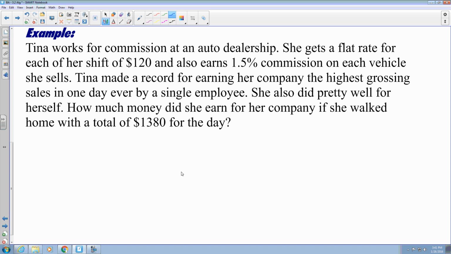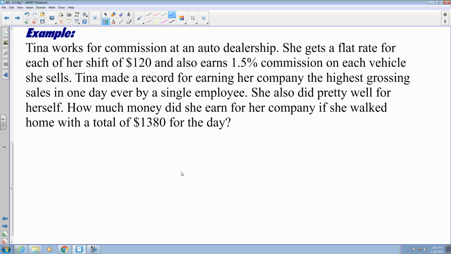Tina made a record for earning her company the highest grossing sales in one day ever by a single employee. She also did pretty well for herself. How much money did she earn for her company if she walked home with a total of $1,380 for the day?